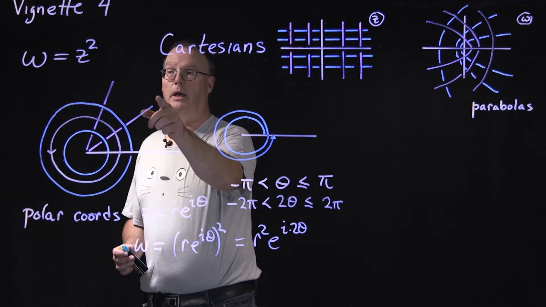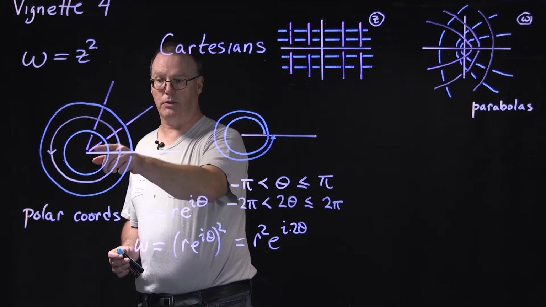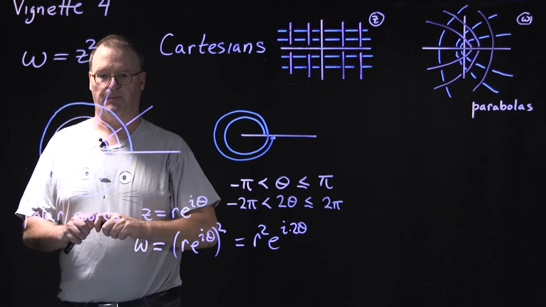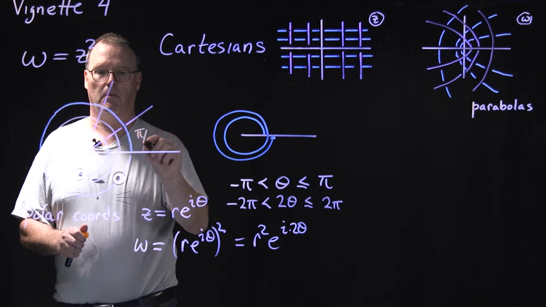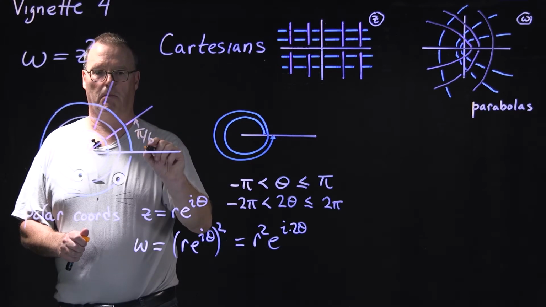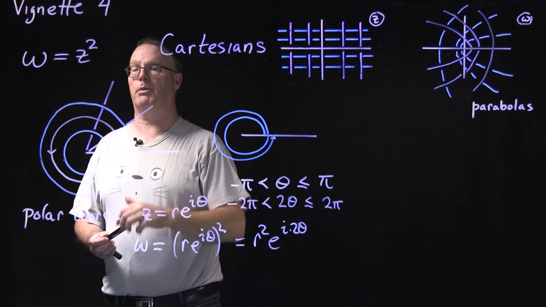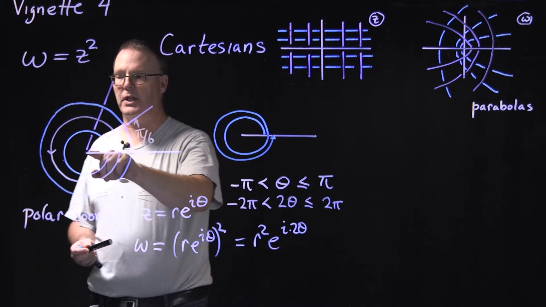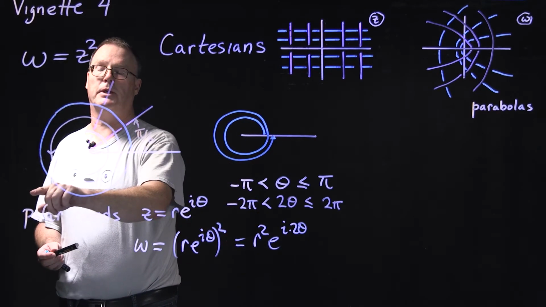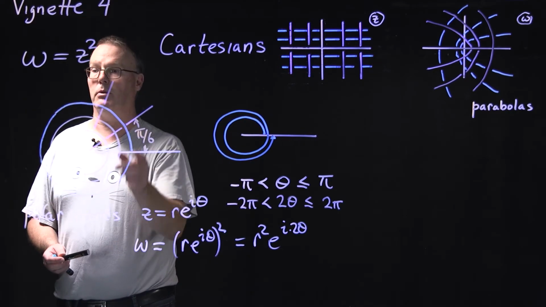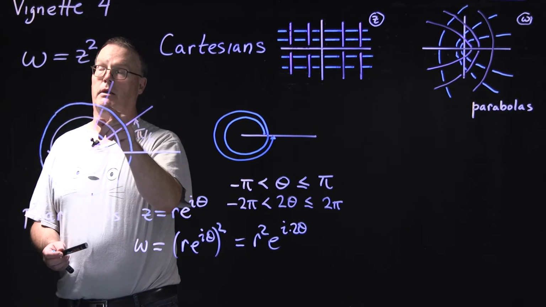Whereas here, each ray gets traversed twice. So for example, if this is pi over 6, then pi over 3 gets hit once from pi over 6, but it also gets hit from pi over 6 plus pi. So pi over 6 plus pi gets mapped to pi over 3 plus 2 pi.